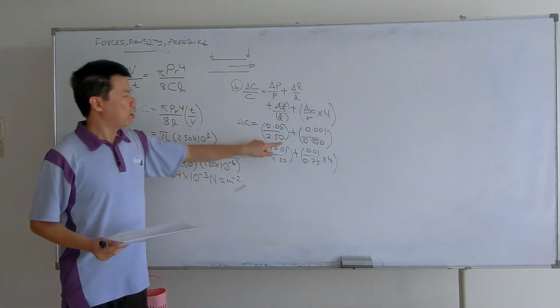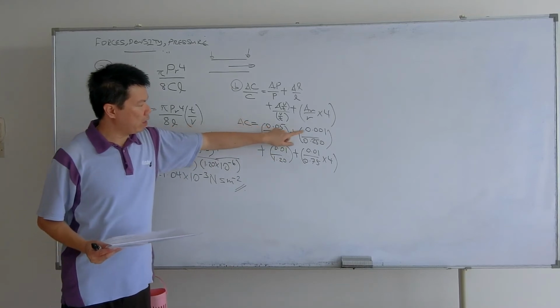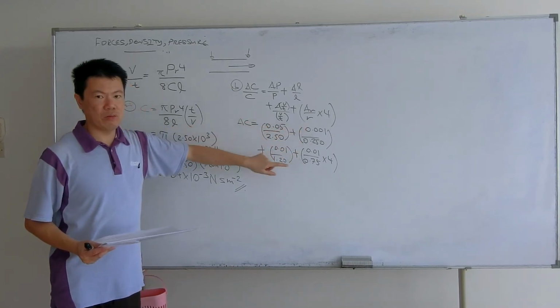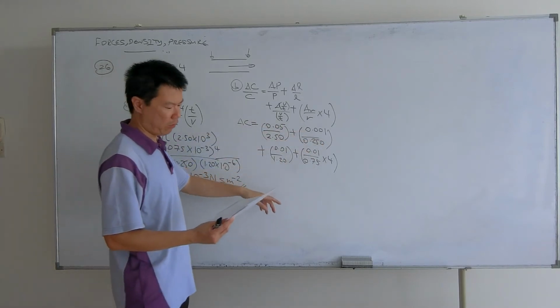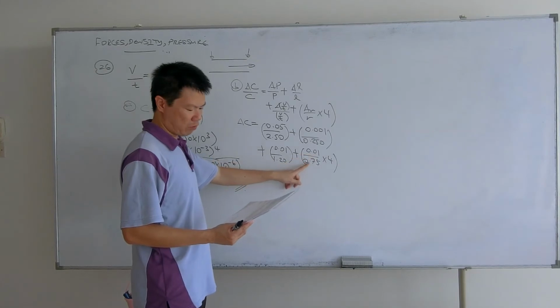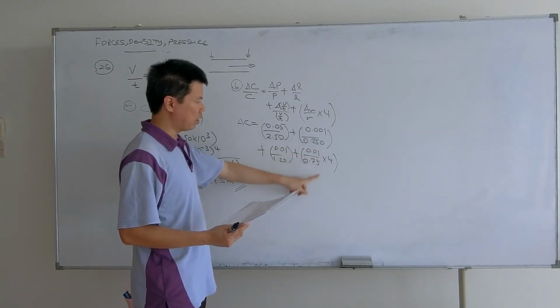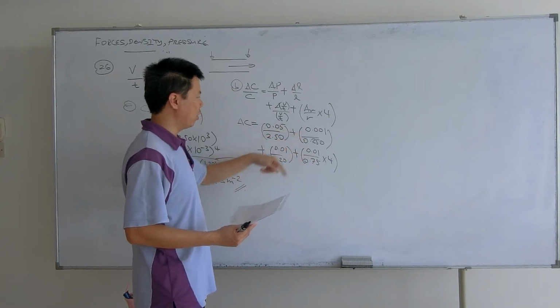Again, we don't need to put in the millimeters and other conversions because they cancel out. For example, R is 0.01 times 10 to the minus 3 and 0.75 times 10 to the minus 3, so those 10 to the minus 3 cancel out. All we need to do is write all their values in the correct units.